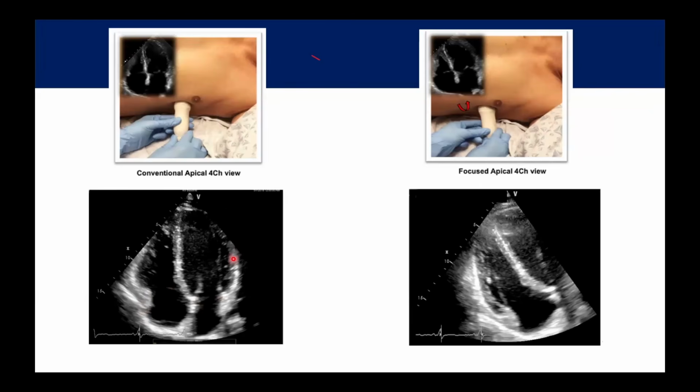The RV focused view is obtained by starting from the standard four-chamber view, and then you rotate your transducer slightly counterclockwise while keeping it at the apex, and you're making fine adjustments to maximize that RV cavity area seen here on the screen. And critically here, the LV apex will no longer be centered, and that's okay. This is not an LV view anymore.